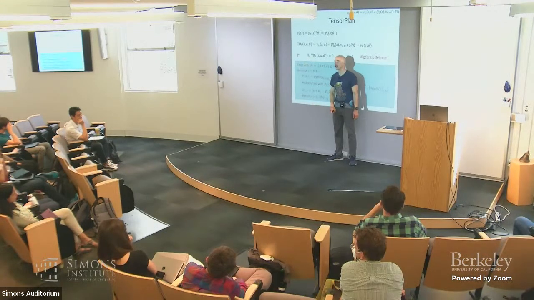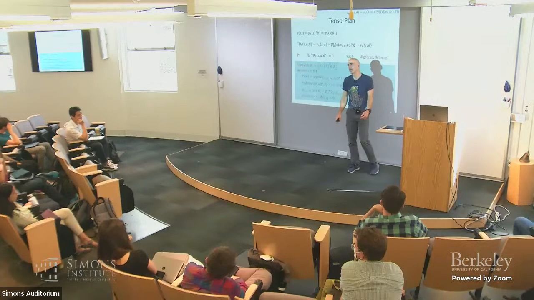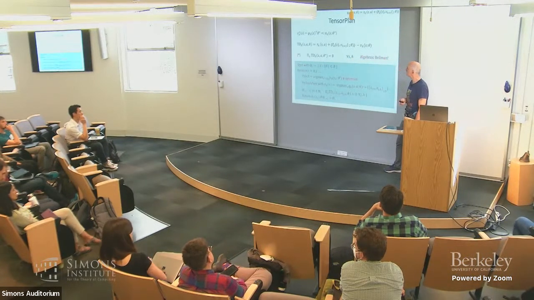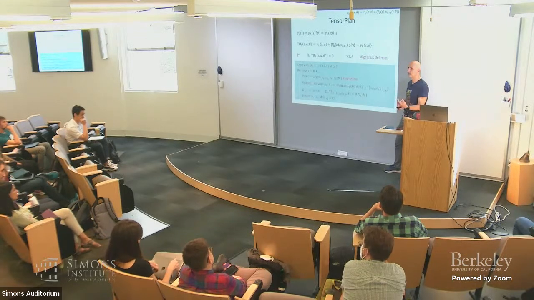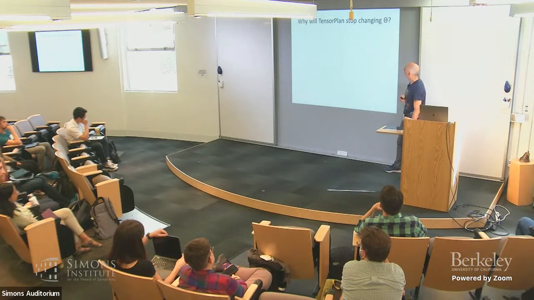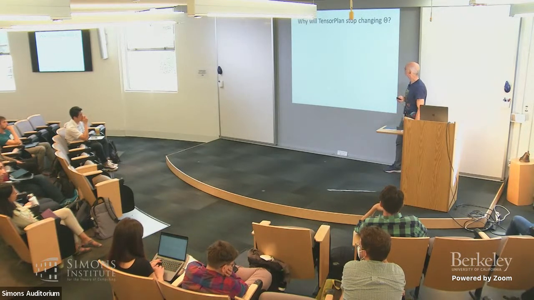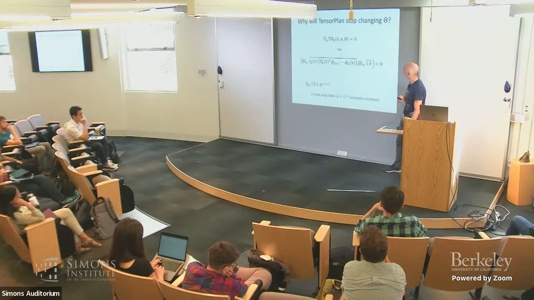With Q, you have the max. In the Q, we would have a max, yeah. That's why we can only deal with deterministic transitions when you have Q star. All right. So questions. Why will this algorithm stop changing the parameter vector?